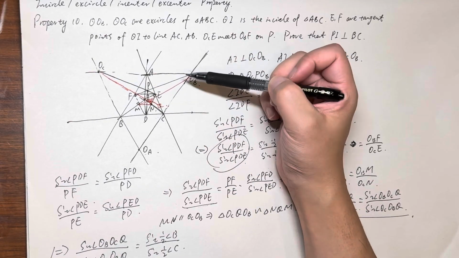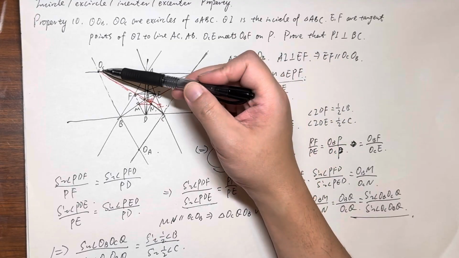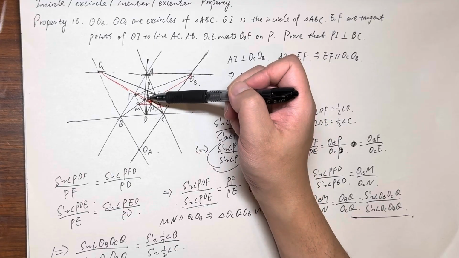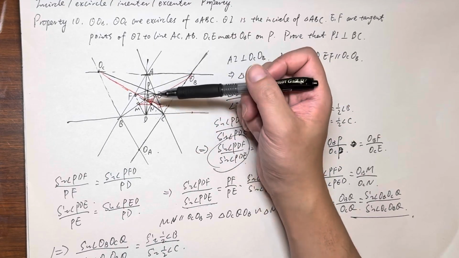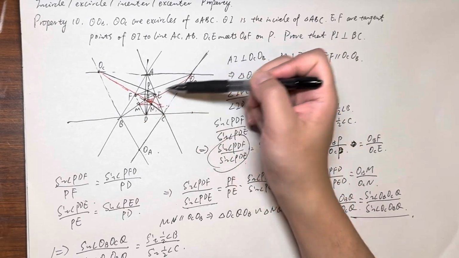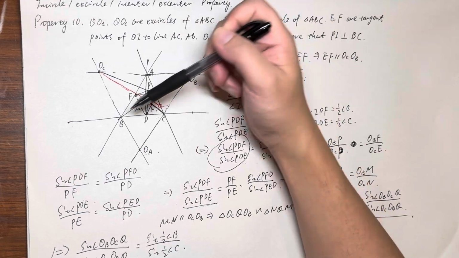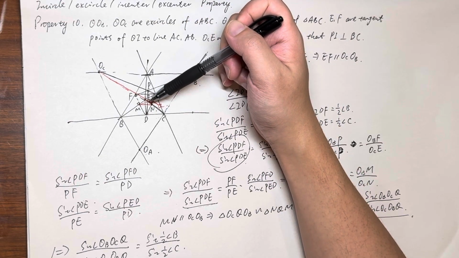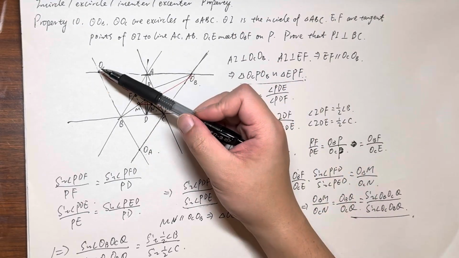And similar for here. Then we know that BOB and COC meet on a point. We call it Q. This Q is actually the point I, right? It's actually the point I because this OBB and OCC intersection point is also the center of the triangle OAOBOC, right?